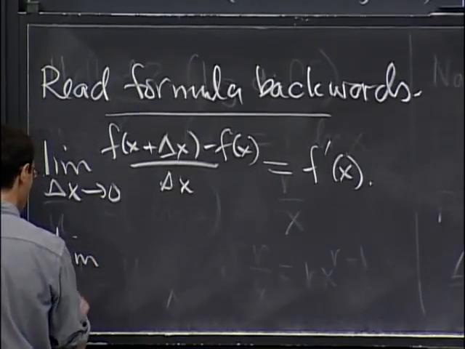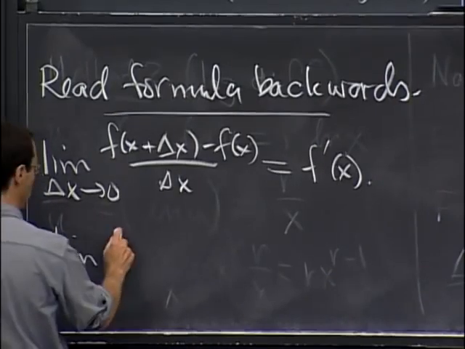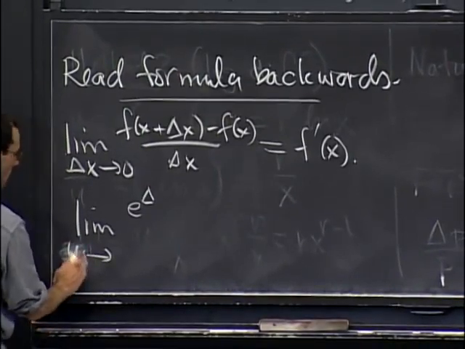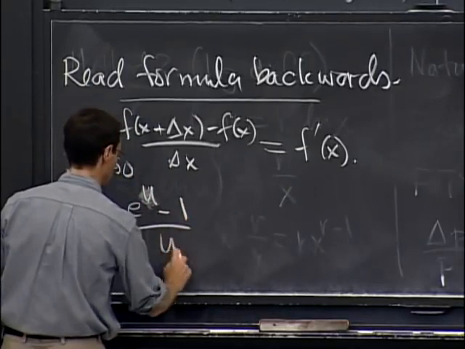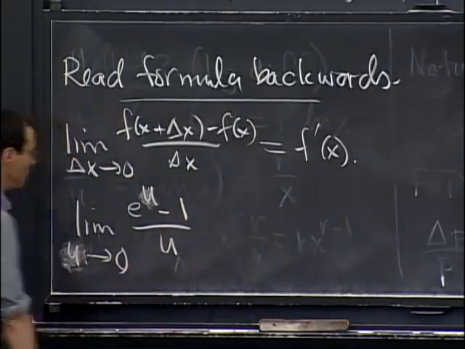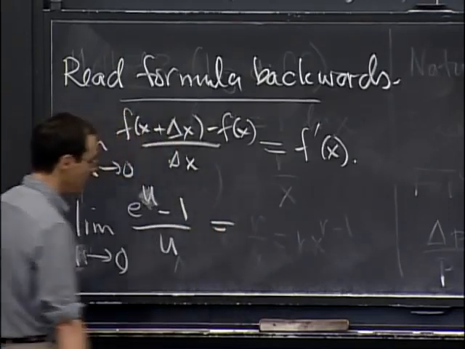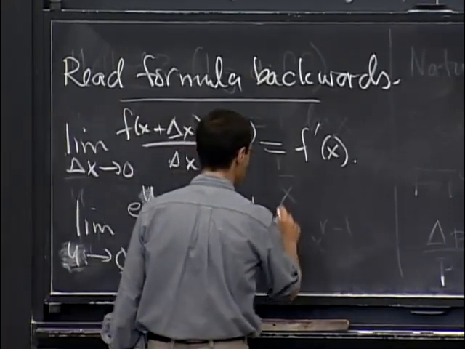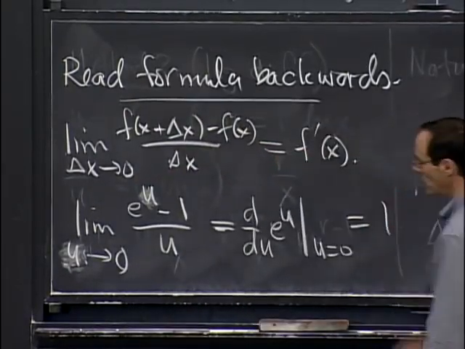I'll use the letter x here, even though it's cheating. Maybe I'll call it delta x so that it's clearer to you. So maybe I'm going to call it u. Suppose we look at this limit here. Well, I claim that you should recognize that this is the derivative with respect to u of the function e to the u at u equals 0, which of course we know to be 1.